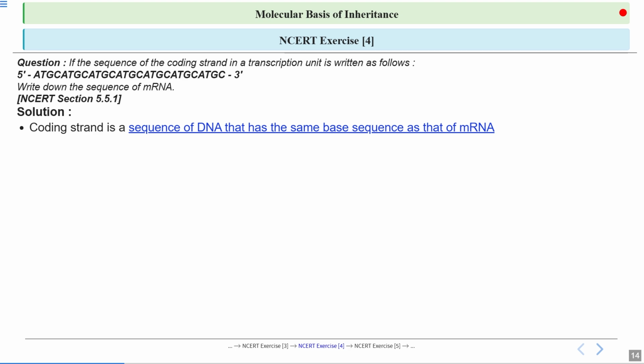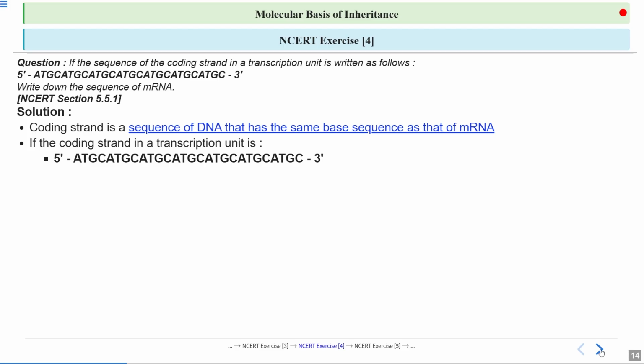But because the coding strand is complementary to the template strand, its DNA sequence has the same base sequence as that of mRNA, but with one difference. This mRNA will have uracil instead of thymine.